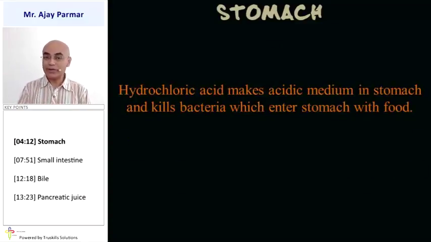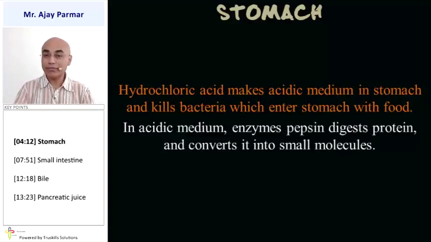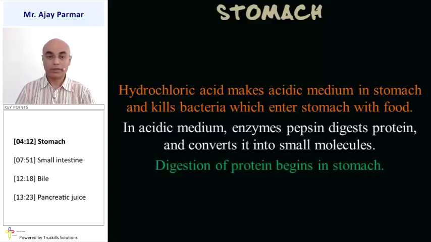The hydrochloric acid which was secreted inside the stomach makes that food acidic in medium. That is mainly for 2 purposes. Number 1, for killing the bacteria, and also the acidic medium helps the enzyme pepsin to digest the protein and convert it into small molecules.